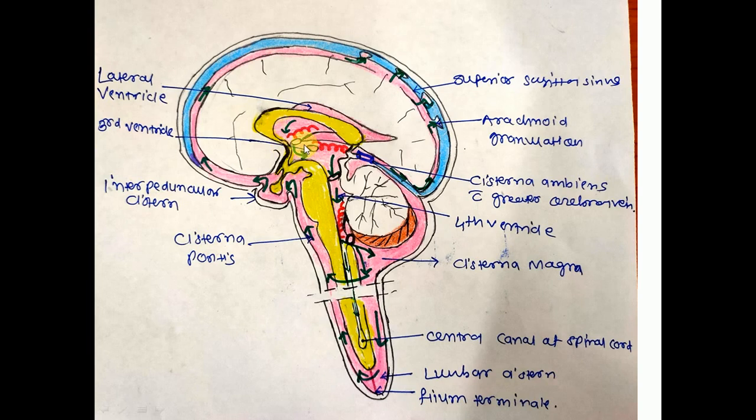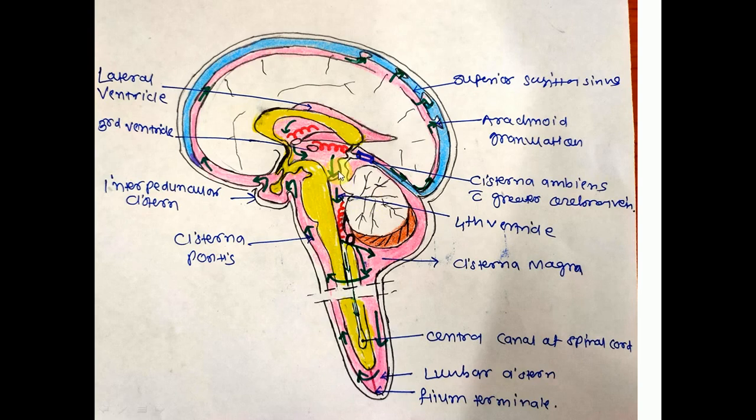From the interventricular foramen of Monro, it will go inside the diencephalon. Again there is one cavity there, that is known as the third ventricle. The third ventricle also contributes to the formation of CSF. Collectively all these CSFs enter inside the fourth ventricle. What is the fourth ventricle? It is the space between the pons and medulla oblongata anteriorly and cerebellum posteriorly.